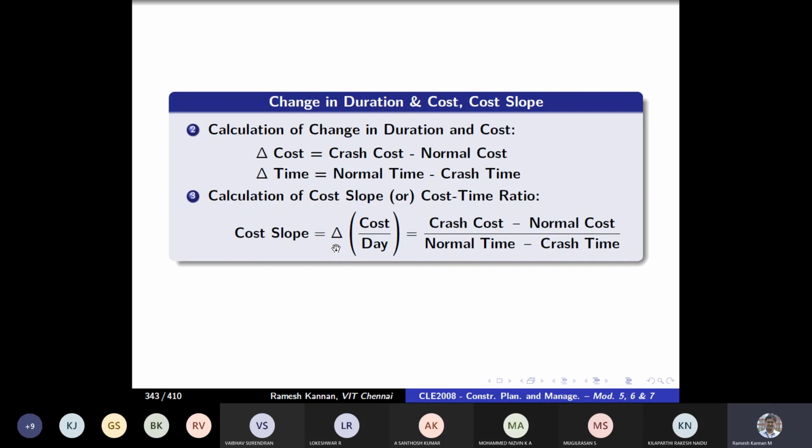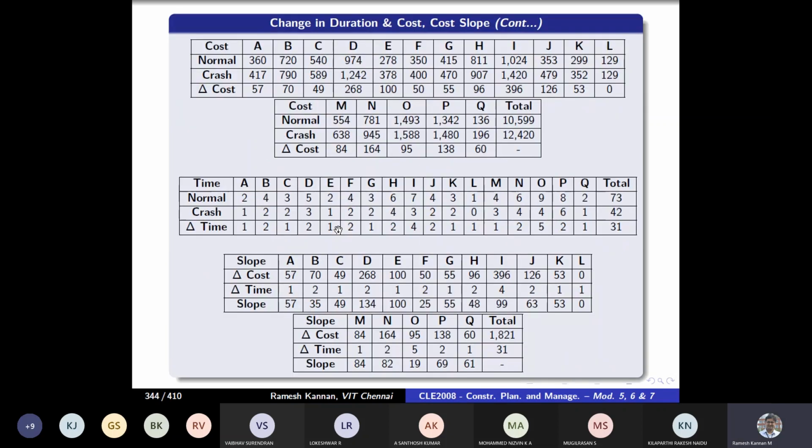So let's define cost slope, which is the change in cost divided by the change in time. That means crash cost minus normal cost divided by normal time minus crash time. This will be very useful in our least cost scheduling methodology. So I repeat, cost slope is the change in cost divided by the change in duration: crash cost minus normal cost divided by normal time minus crash time.